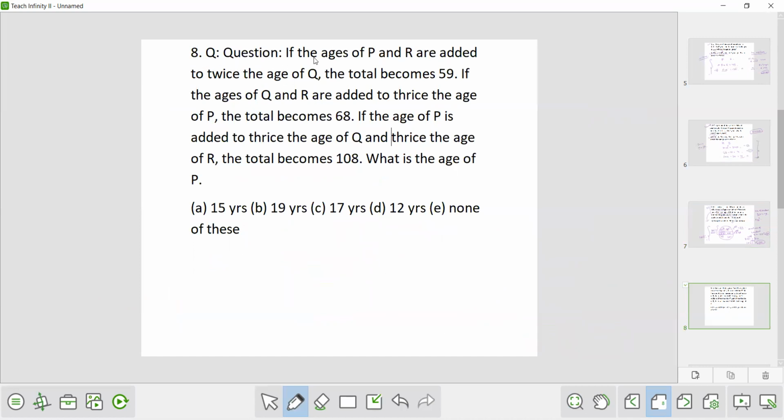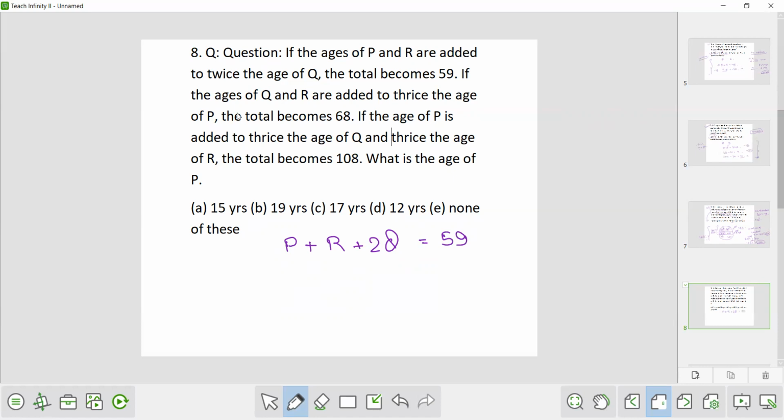Now the next question. If the ages of P and R are added to twice the age of Q, the total becomes 59. So let's say the age of P is P, the age of R is R, and the age of Q is Q. So add P plus R to twice the age of Q, plus 2Q, the total becomes 59.